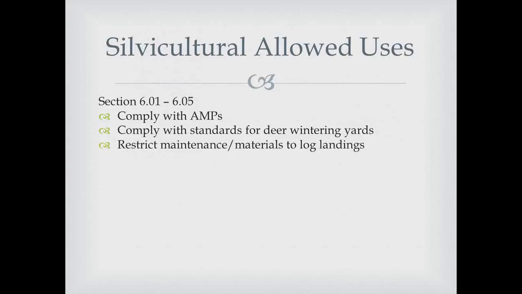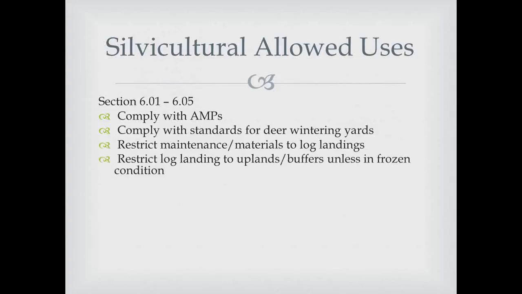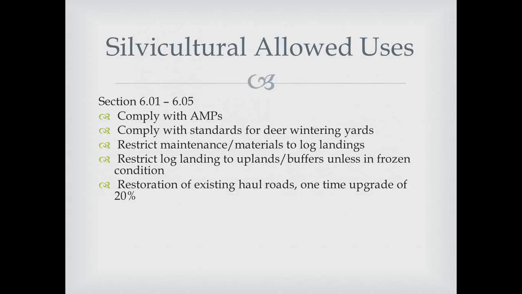They restrict maintenance and materials to log landings. They restrict log landings to uplands and buffers unless in frozen condition. The restoration of existing haul roads, I think we call those truck roads now, you're allowed to restore those and maintain those, and there's a one-time upgrade of 20%.